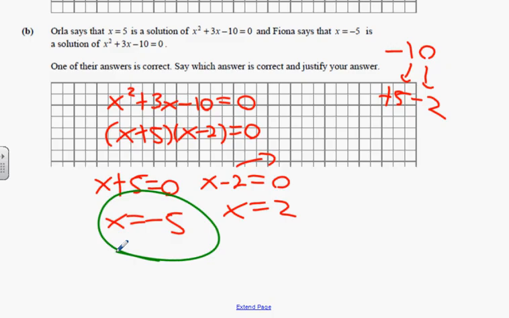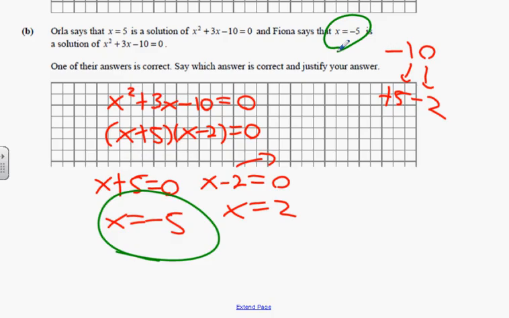Yes? I did it like minus 2 and 5, as x equals minus 2 and 5, because I thought it was looking for the factors. Yeah, no, it's the actual answers. Yeah, I get it.